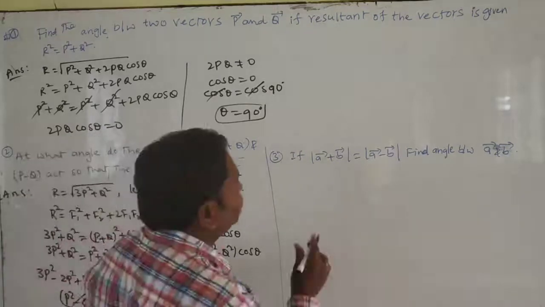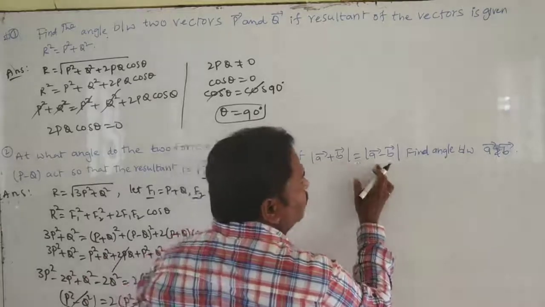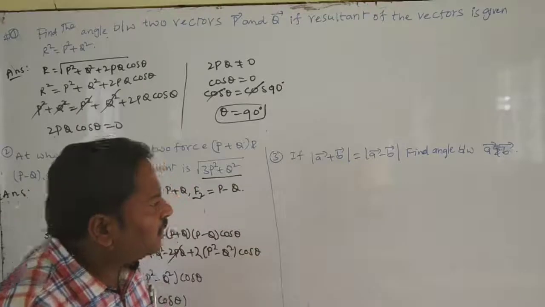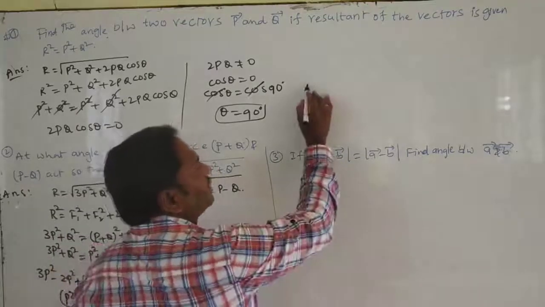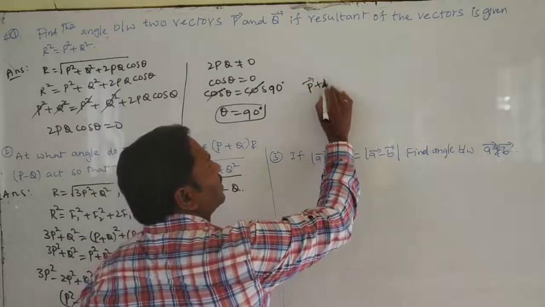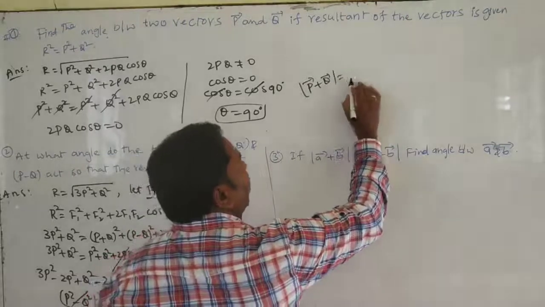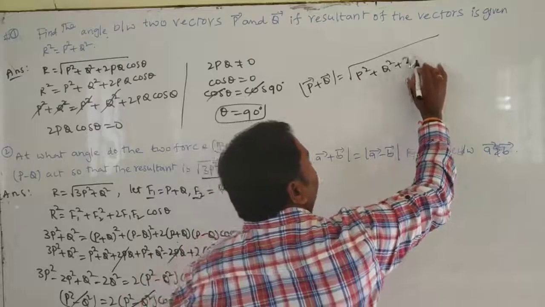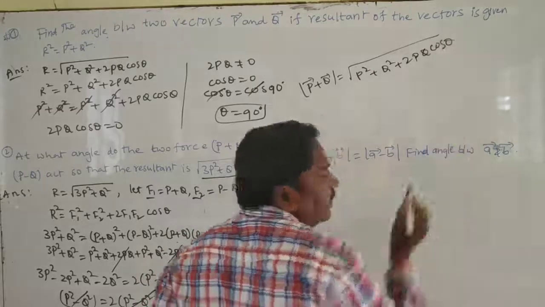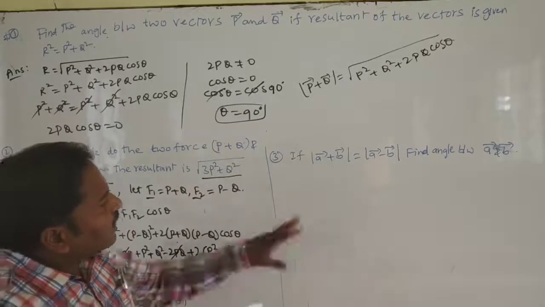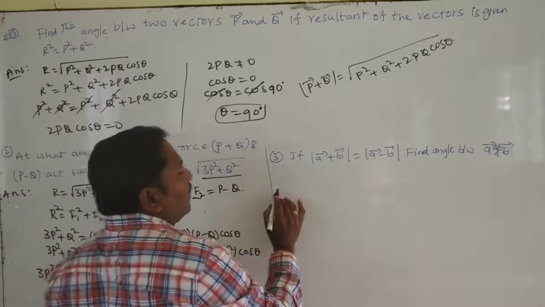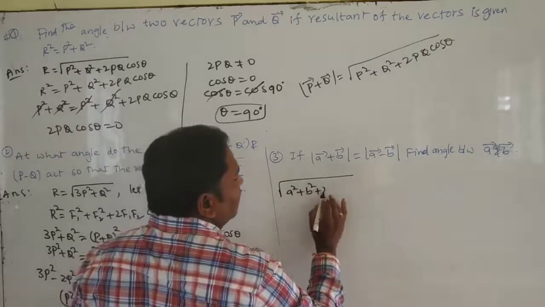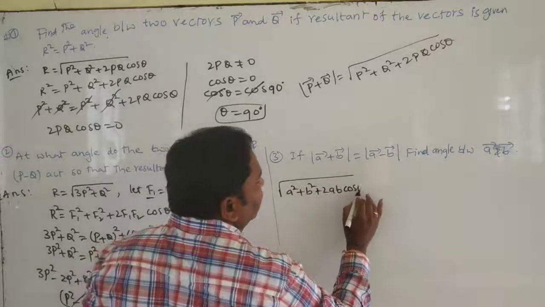So modulus of P bar plus Q bar equals to modulus of P bar minus Q bar. Find the angle between them. So this we can write it is like P bar plus Q bar. So what is its magnitude? Root over P square plus Q square plus 2PQ cos theta. So here also we can write it as root over A square plus B square plus 2AB cos theta.